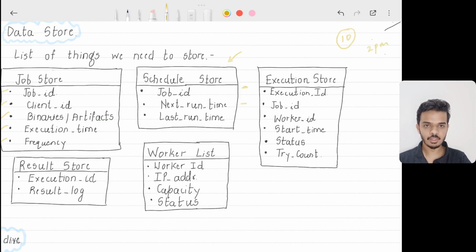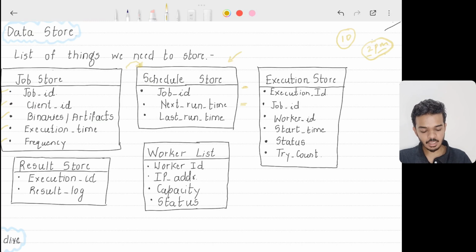In the afternoon. So just before it is going to be 2 p.m., there would be a small time interval, let's say a 5 minute or 1 minute interval. So just 1 minute before it turns 2 p.m., at 1:59 p.m., the jobs will be fetched from the job store, and they will be stored inside the schedule store.